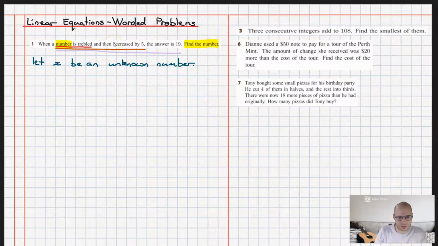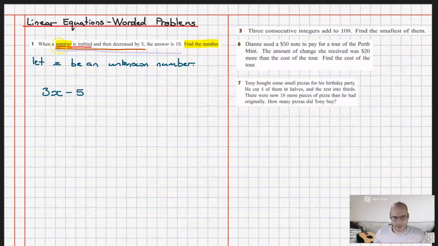Now we can start constructing a mathematical model, or a better way to explain it, we're building an equation. The number that we talk about, we've associated with the variable x. The first thing we do to x is treble it, in other words multiply it by 3, and then after it's multiplied by 3, we subtract 5 from it.